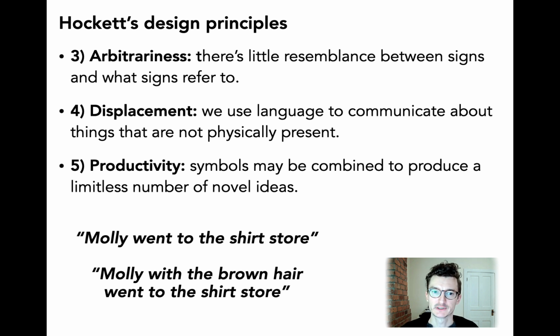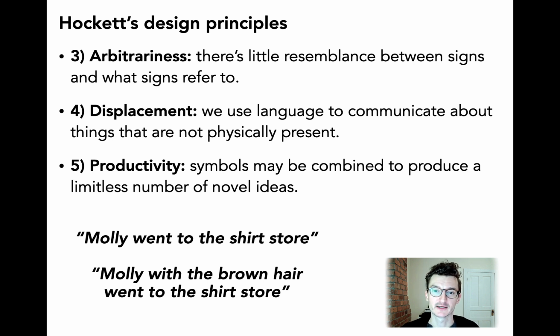Fourth principle, displacement. We use language to communicate about things that are not physically present. And this, you do not see this at all in non-human communicative systems. Generally speaking, non-human animals that have some sort of communication system, they do it in response to environmental stimuli, right?